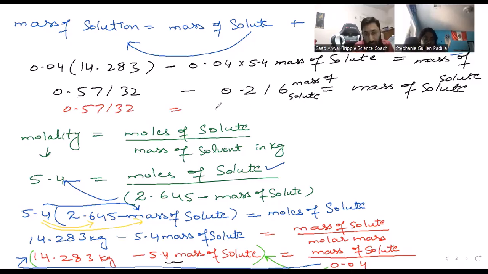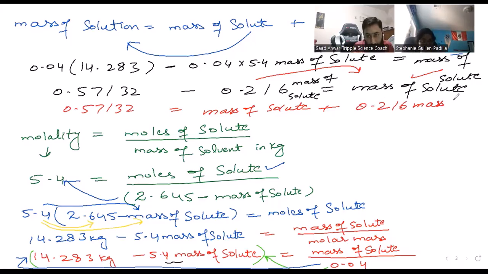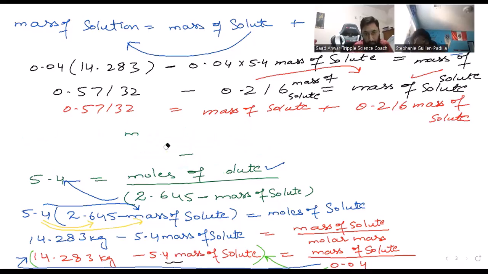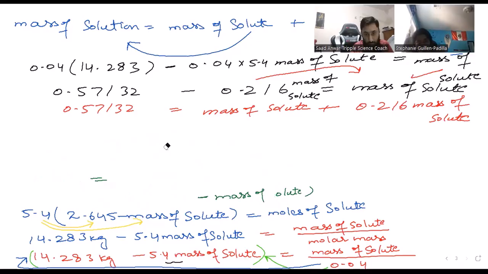When it goes to the other side, it would be plus 0.216 mass of solute.